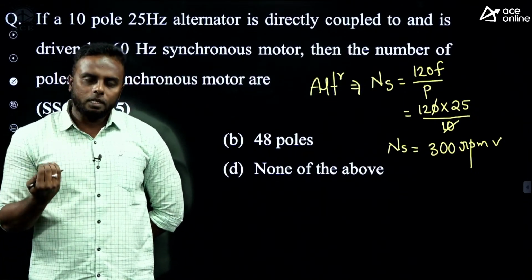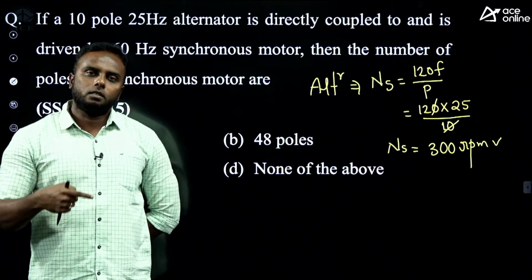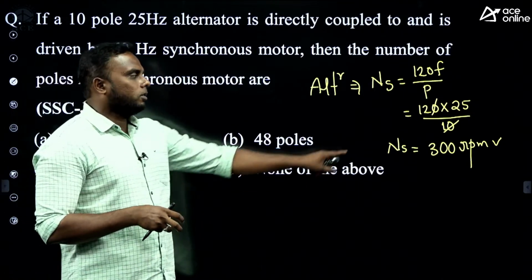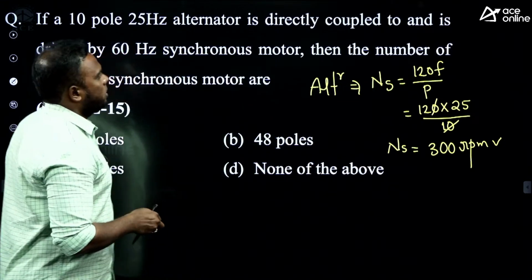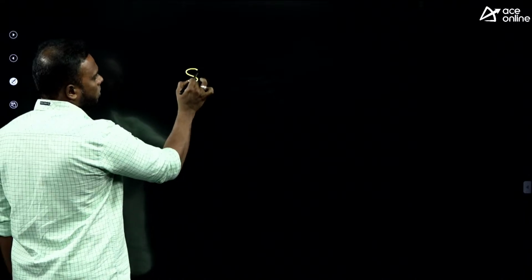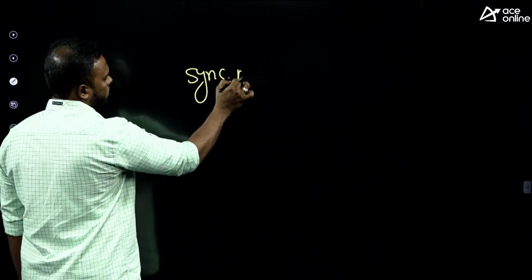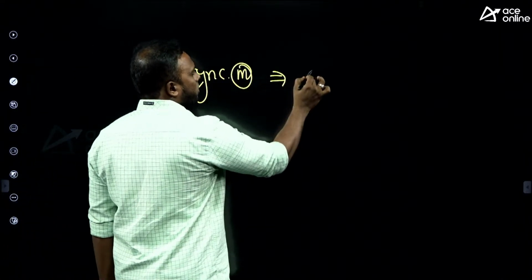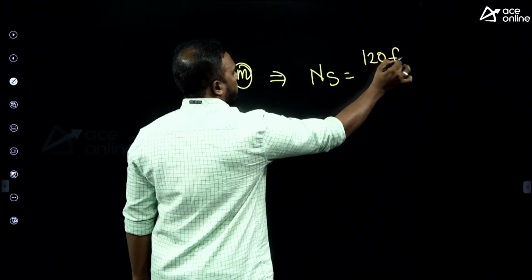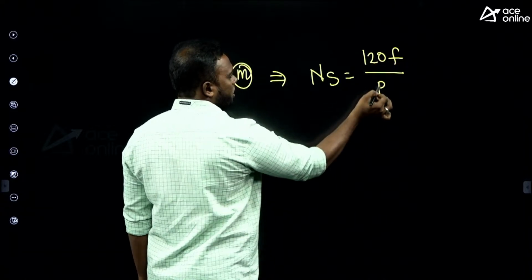That means the rotor we are rotating is rotating at synchronous speed. Now the same synchronous speed, 300 RPM. The synchronous motor frequency is given as 60 Hz. For the synchronous motor, it rotates only at synchronous speed, that is 120 F divided by P. The frequency is given but poles are not given.